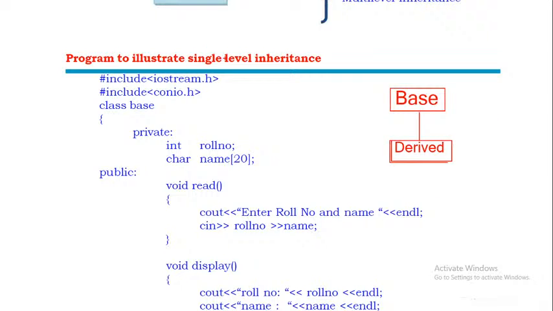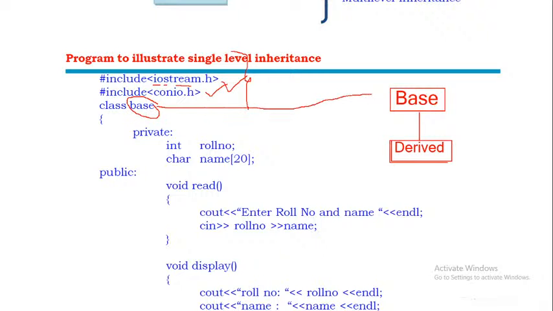Programmatically I am explaining. In this, I am taking the header files iostream.h, input output stream, and conio.h, console input output header file. These two header files I am taking. This is the base class.